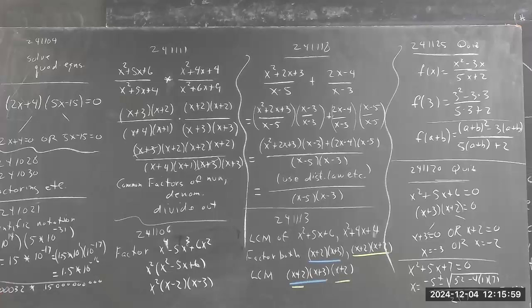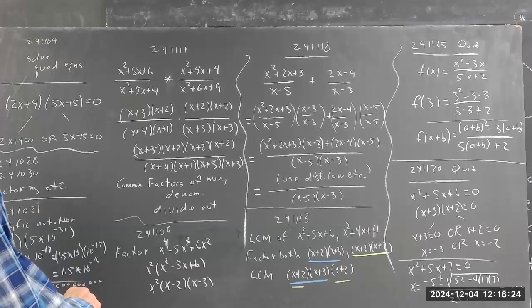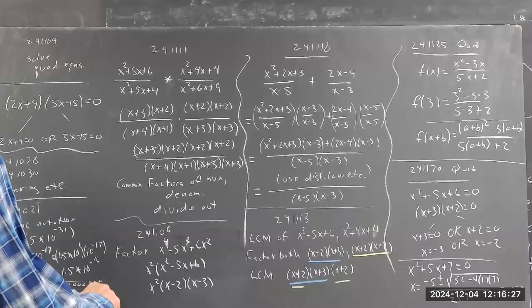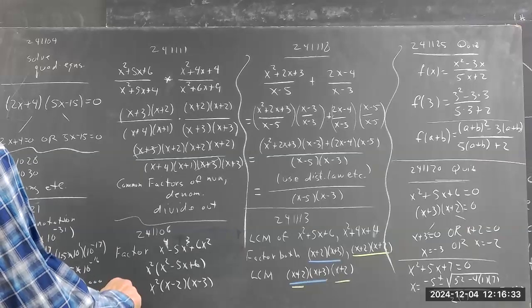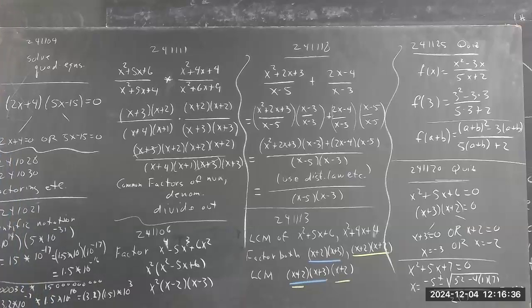You can multiply those out and try to keep track of the zeros, but it's much easier to write this as 3.2 times 10 to the negative 7 multiplied by 1.5 times 10 to the 10th. That's 3.2 times 1.5 times 10 to the third, which is 4,800.